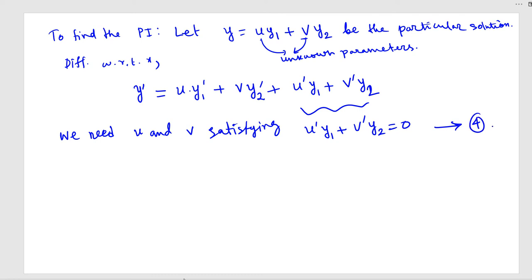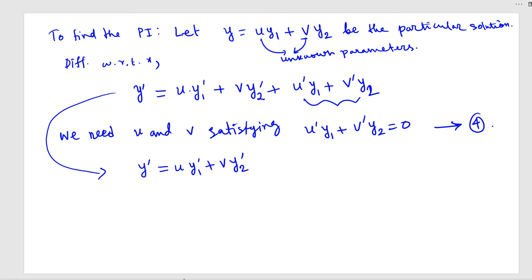So we will see how this is coming. If this part is 0, then y dash will become u y1 dash plus v y2 dash. We assume this because these two unknown variables are there, so we need two equations to find out their values.